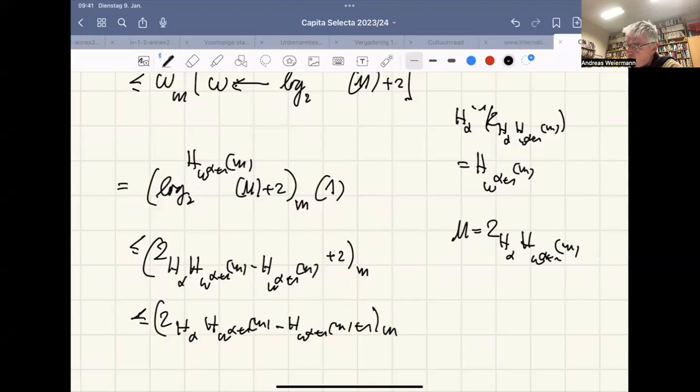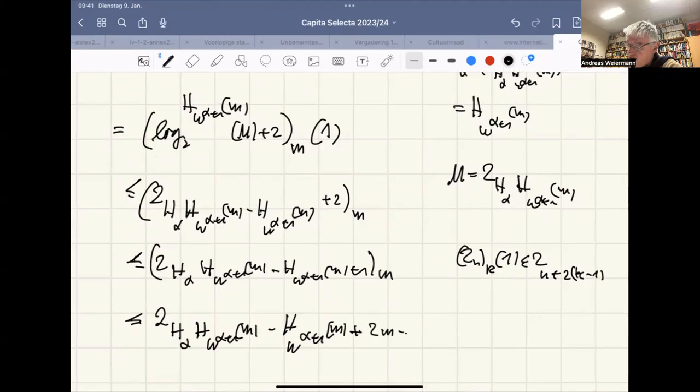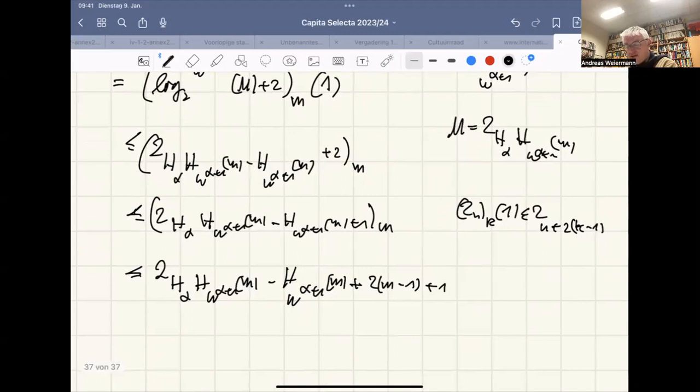Now apply my rule, which I showed in the beginning, 2n of k of 1 bounded by 2n plus 2k minus 1. So this thing here is bounded by 2 index h alpha, h omega to the alpha plus 1 of m minus h omega to the alpha plus 1 of m plus 2m minus 1 plus 1. And then at the final end, we'll see what's going on.